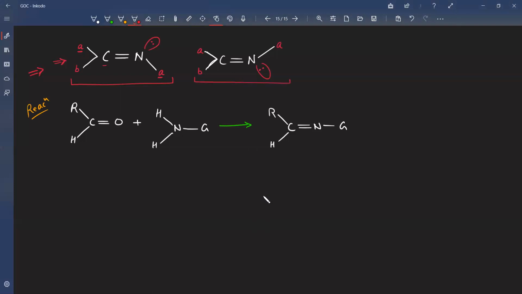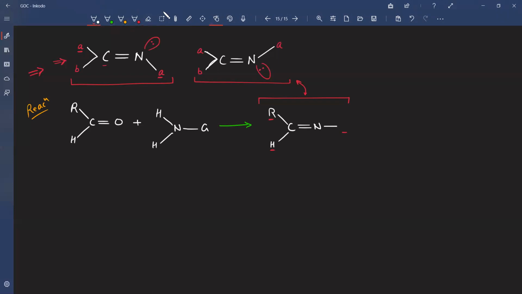So the structure which you see here and the structure which you see here are the same. There is a carbon nitrogen double bond. On carbon, there are two different substituents. So that is settled. On nitrogen, there is a group, and obviously there is a lone pair as well, which is not mentioned here.